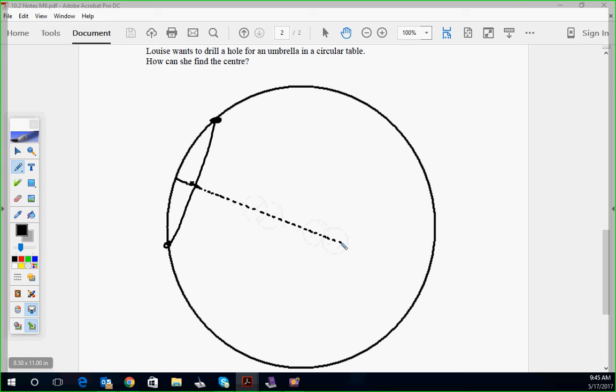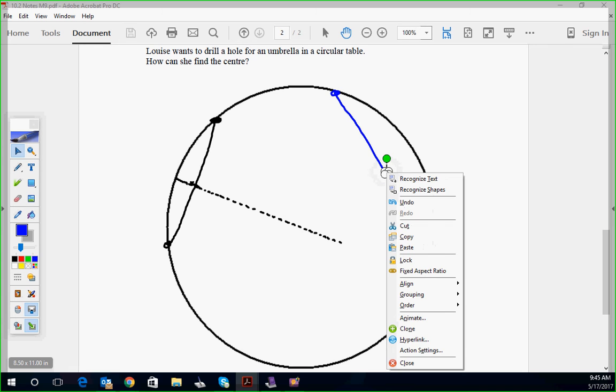Now the tricky part is that I don't have a center right now. I have to do another one. So I can draw a chord anywhere else, right there. This one is 58 centimeters on the board, so that's going to be 29.